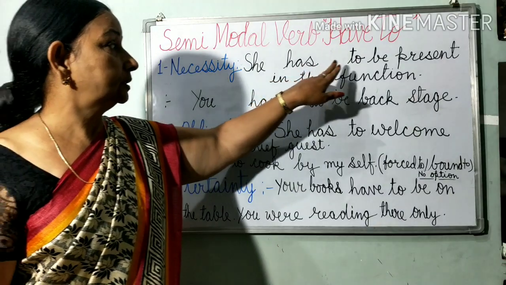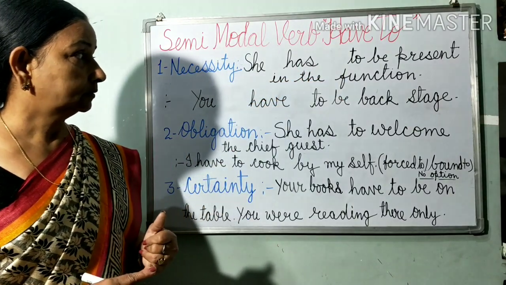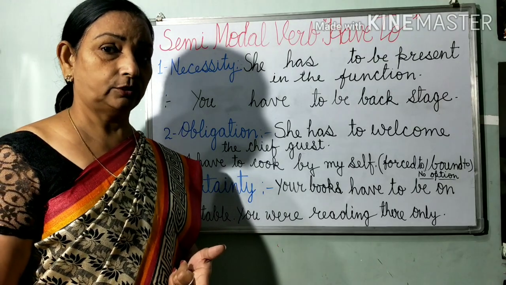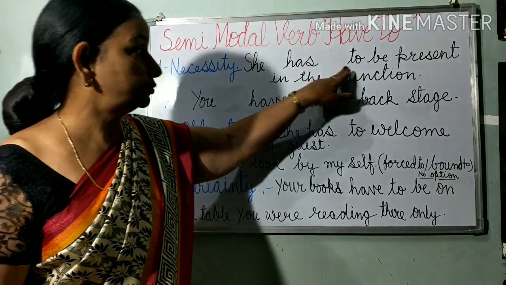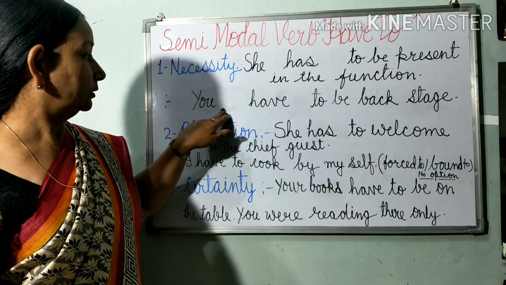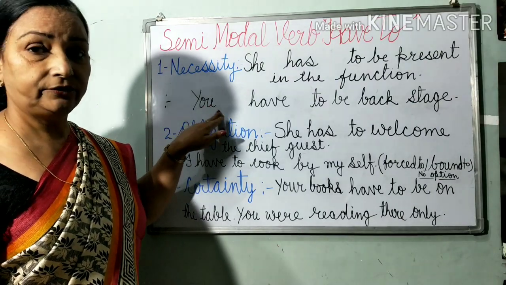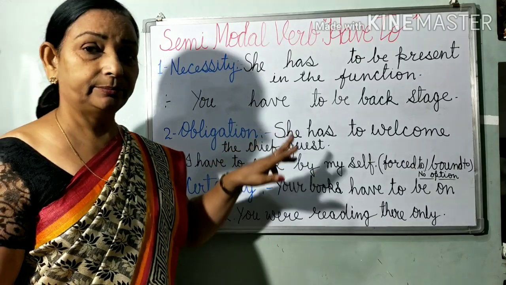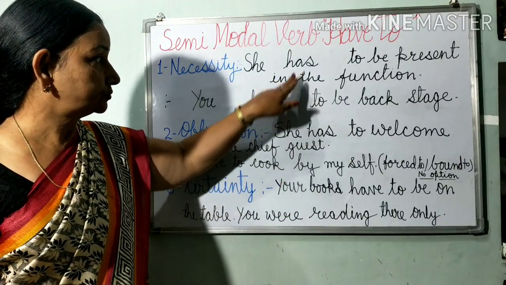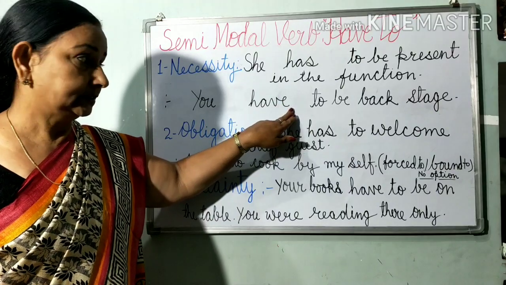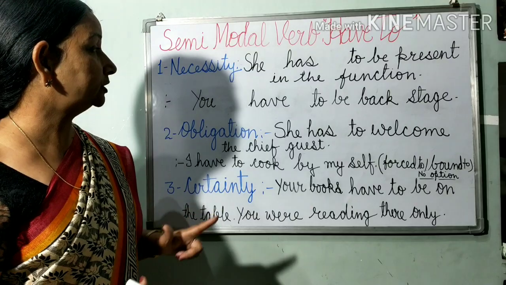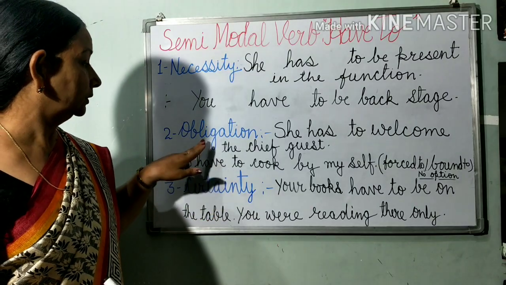If the subject is he, she, it or any singular common or proper noun, then "has to". If the subject is a plural noun or pronoun like I, we, you, they or men, women, people, children, etc., then "have to". This is "has to" and "have to" for present tense. For past tense we use "had to", and for future "will have to".